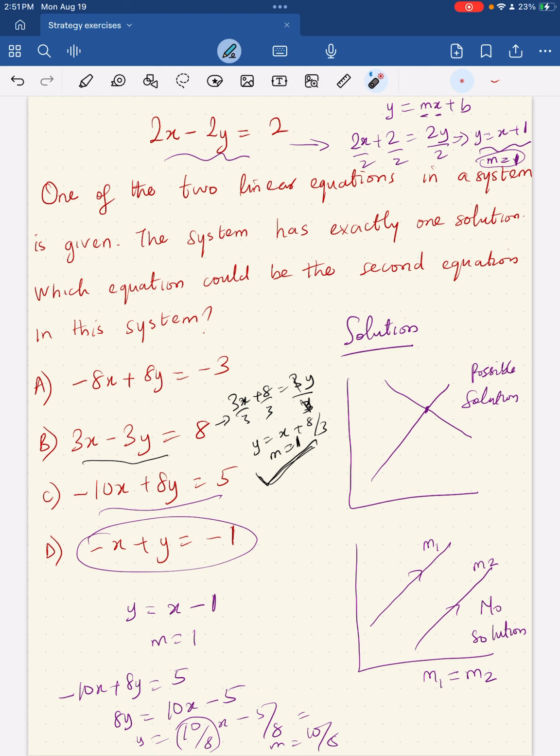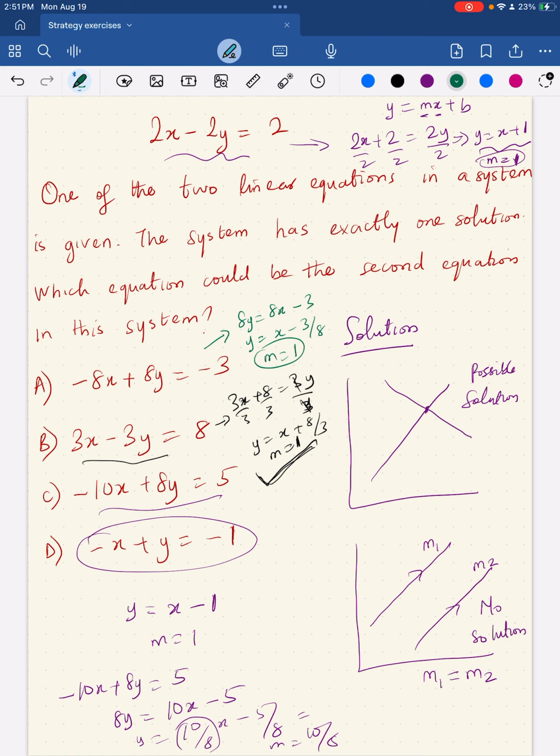Then this one too, let's see what's happening there. Let me use another color right there. So here you have 8y equals 8x minus 3, y equals x minus 3 over 8. M here is also 1. So in all cases, for example, this one, M is 1 here, M is also 1 here. So that won't work.